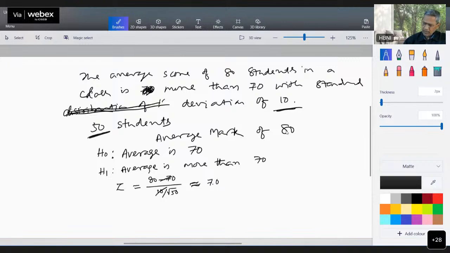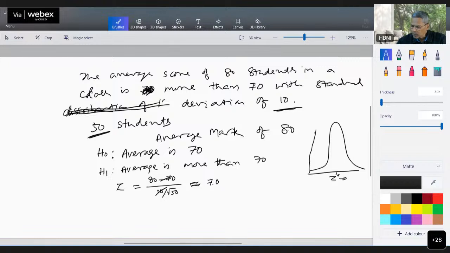If my Z value is 7, then there are tables available where you can find out for each Z value what the probability is. Suppose you have a Z distribution, then your Z value is written here.